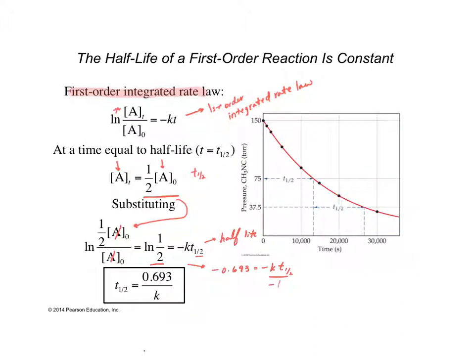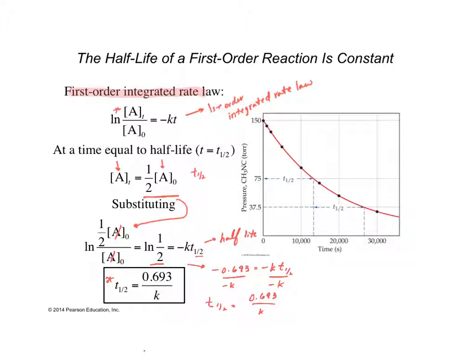Rearranging this, we divide by minus k on both sides, and we're left with half-life equal to 0.693 divided by k, which is what we get right here, nicely illustrated for us. So this is the half-life expression for first-order reactions.